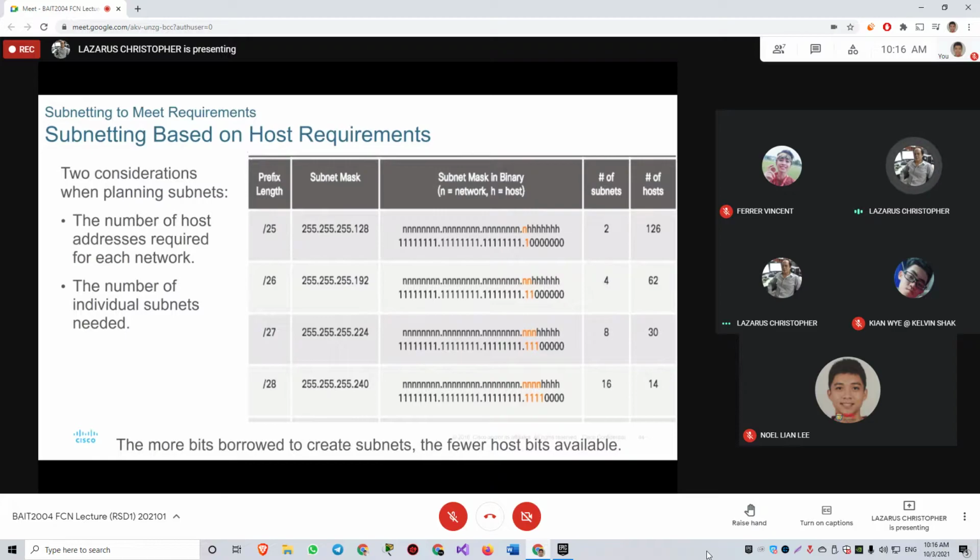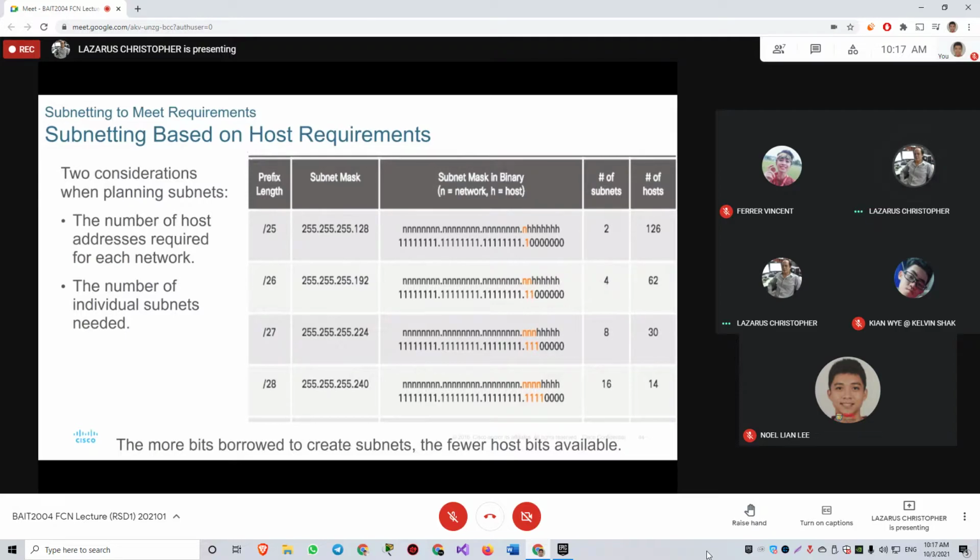For subnetting, we focus on the number of subnets we want to create, and then we look at the hosts, and we just hope that the number of hosts is very close to what you're requiring for the number of hosts per subnet.